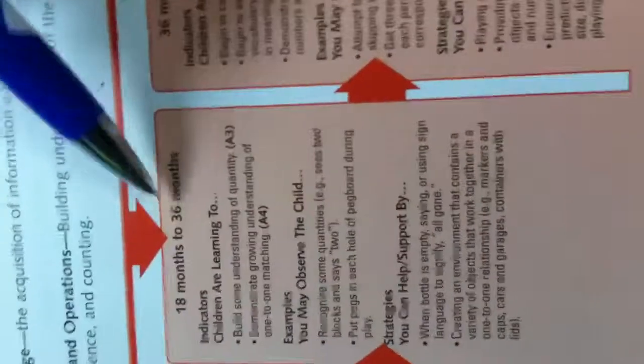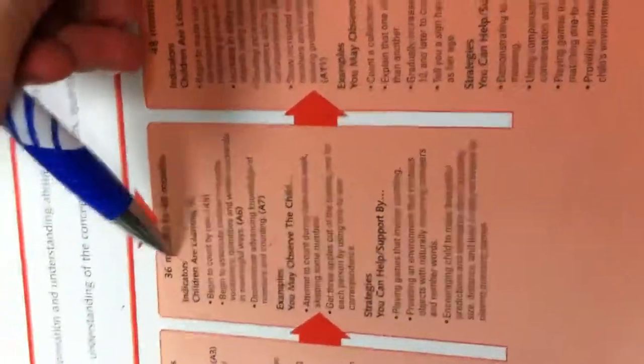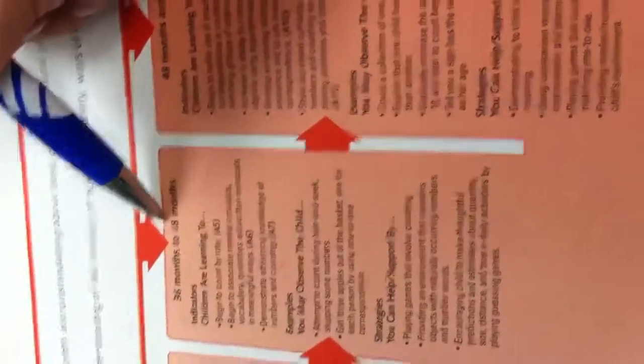Then we have our toddlers, 18 months to 36, about 1.5 years to 3. Then we go to our 3 to 4-year-olds, 36 months to 48. And then lastly, 48 months and older, so 4 years and older. They're all the same structure.